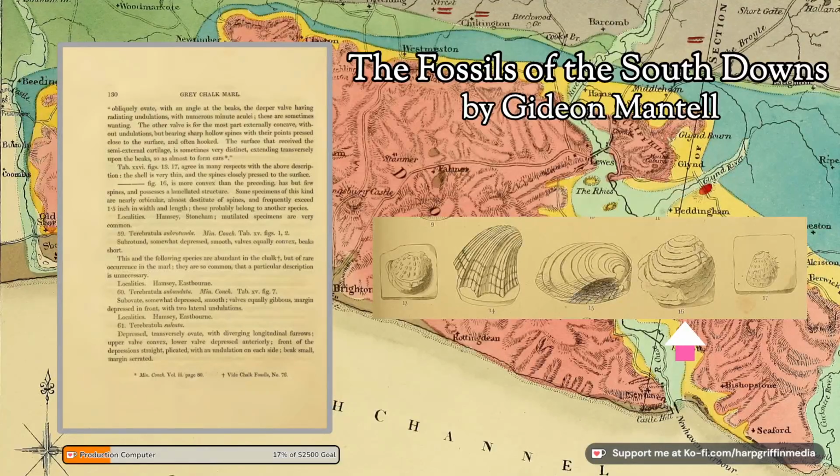Some specimens of this kind are nearly orbicular, almost destitute of spines, and frequently exceed 1.5 inch in width and length. These probably belong to another species. Localities: Hamsey, Stoneham. Mutilated specimens are very common.